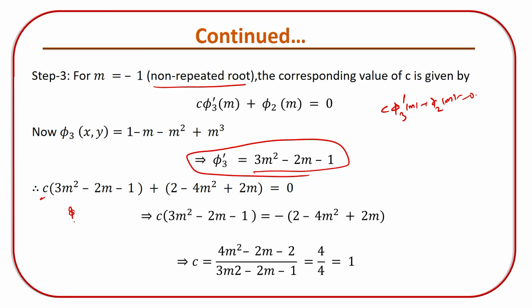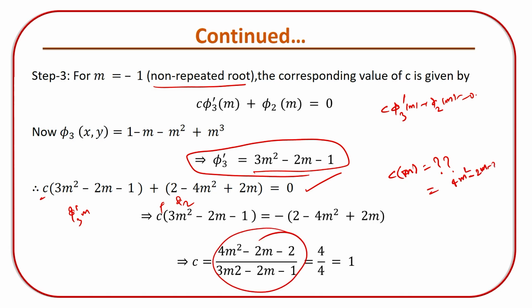So, c into phi 3 dash m plus phi 2 m is equal to 0. This gives one condition for c, so c in terms of m can be obtained, and this will be 4m square minus 2m minus 2 divided by 3m square minus 2m minus 1. Now, what was the non-repeated root? That was m equal to minus 1. Put this value here.